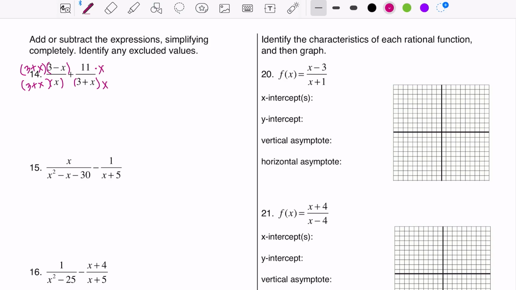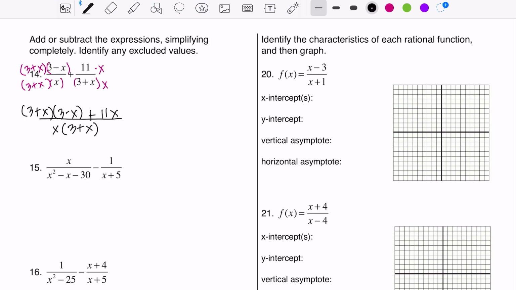So we do not do property of equality on this problem. Do you see an equal sign anywhere? No. So you just leave the denominator as is. So it's x times 3 plus x.